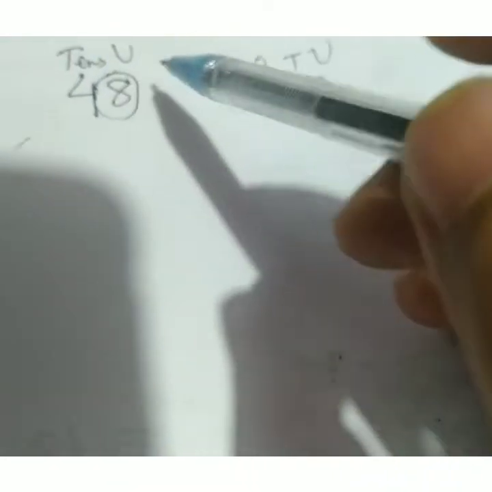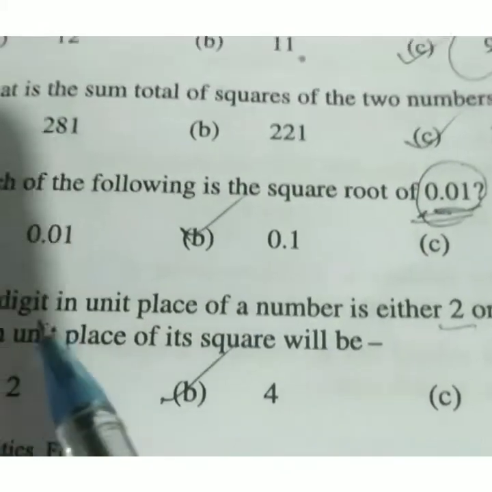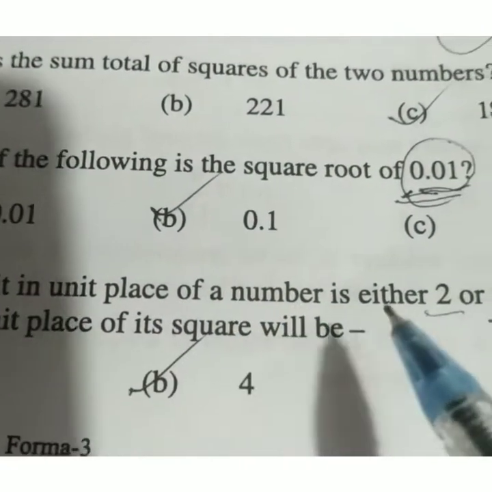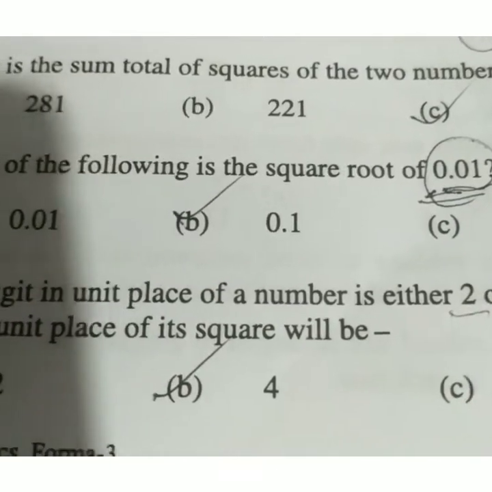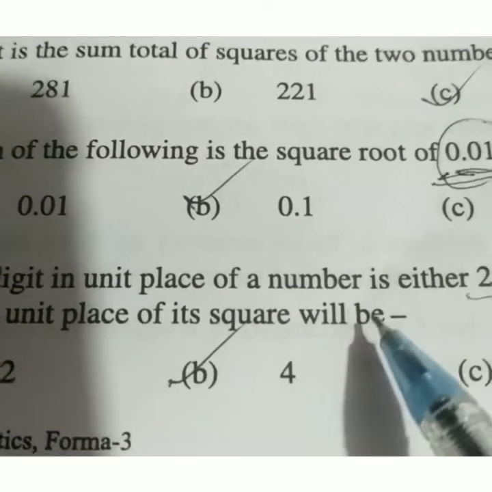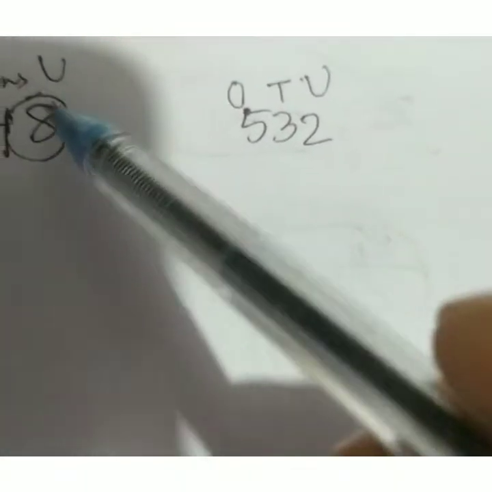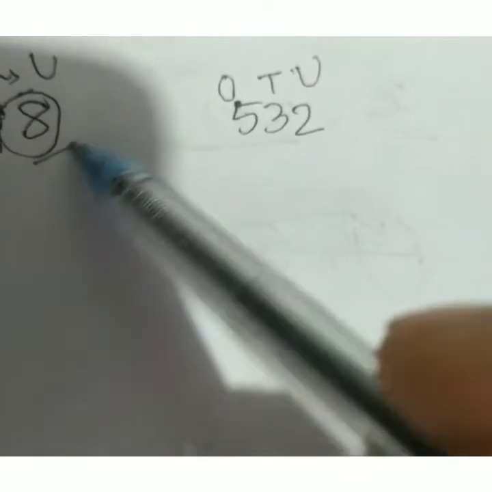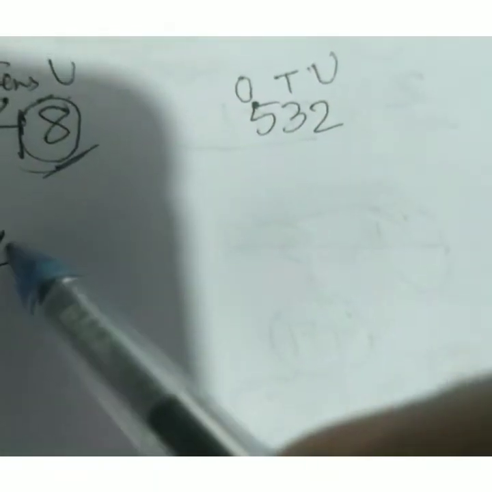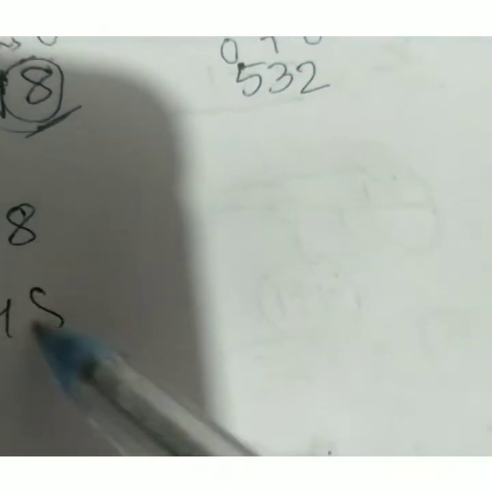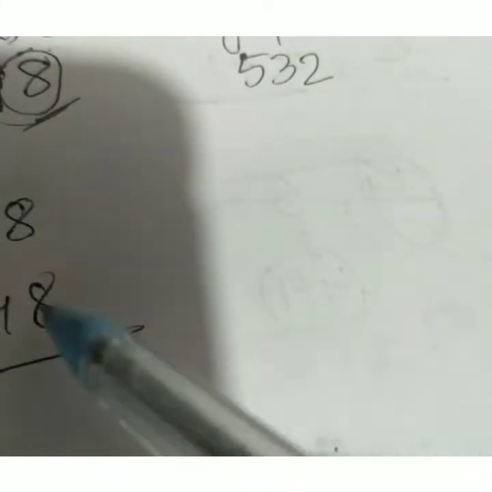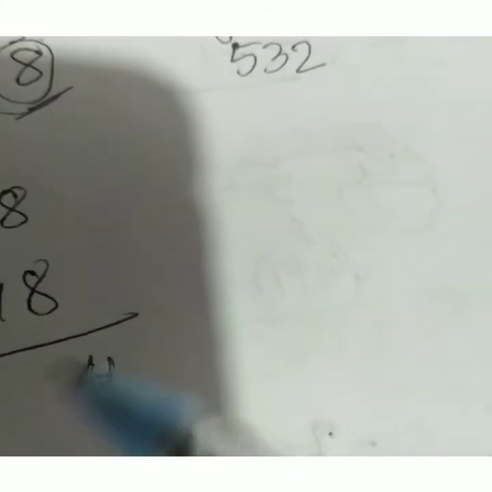So if you check the question, if the digit in unit place of a number is either 2 or 8, the digit in unit place of its square will be what? If I square 48 for example, I need to first of all square 8, because 8 into 8 is 64. If I need to find the square of 48, that means 48 into 48. So first of all, I need to multiply 8 into 8, that is 64.